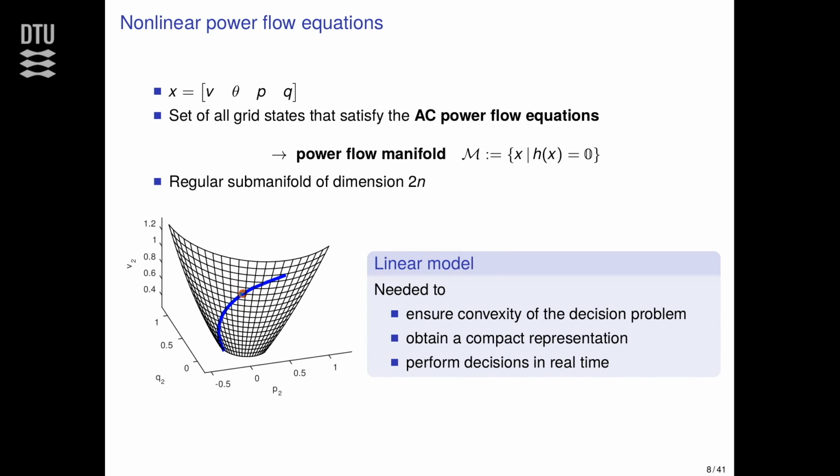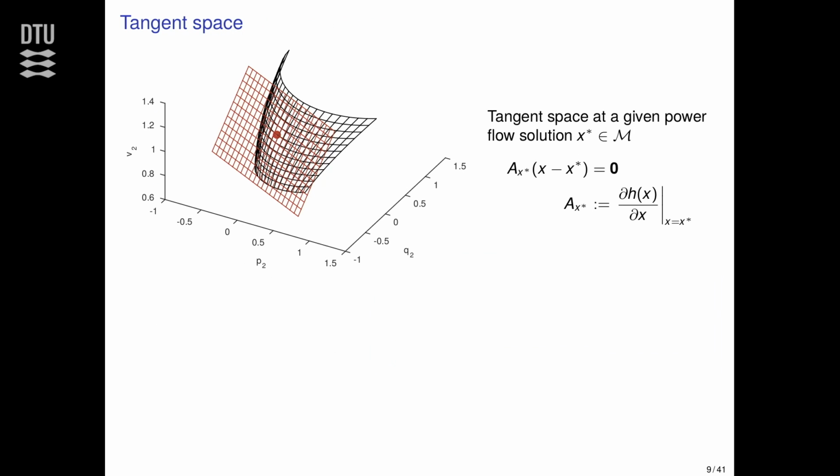To do that, we use exactly this mathematical result to show that this is actually a regular submanifold, because one of the consequences is that in a submanifold, you can always attach a tangent plane. To any point of a submanifold, there is a tangent plane of dimension 2n that you can attach. And that's what we do here. This is how we do our linearization.